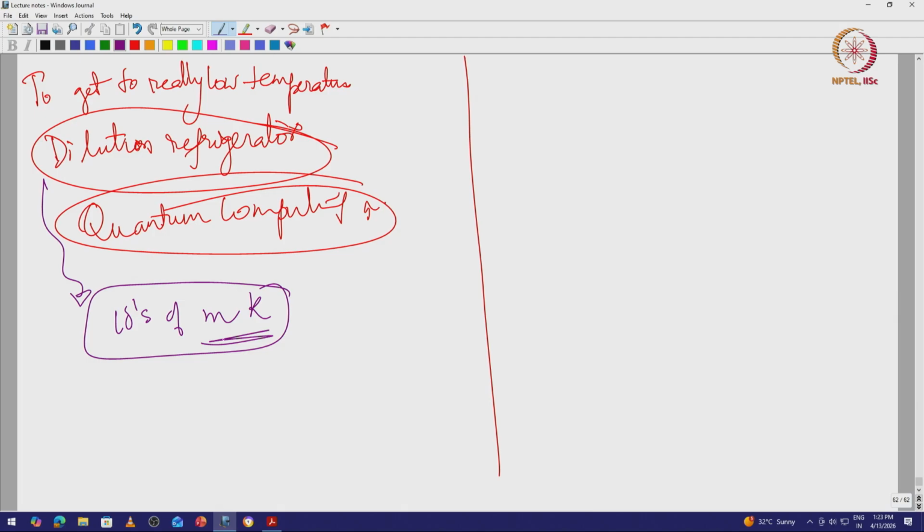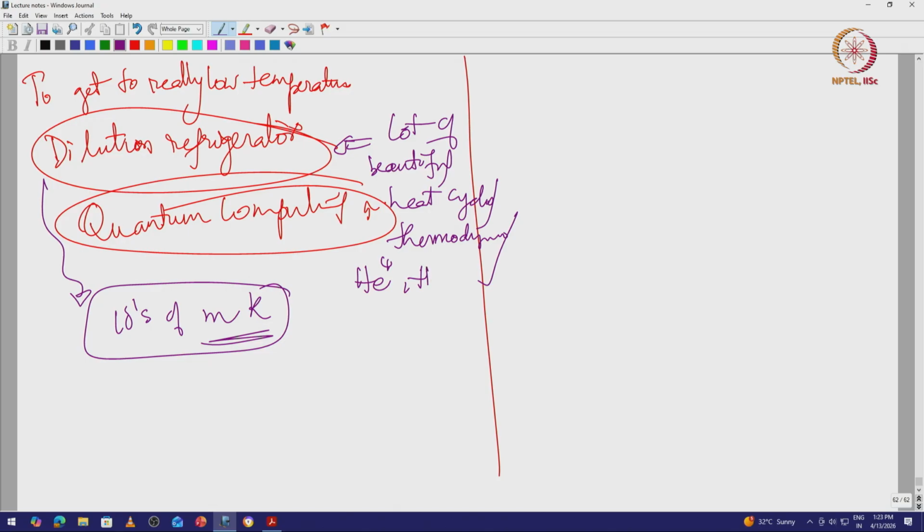So on a day to day basis, I have these dilution refrigerators. How they are constructed has a lot of beautiful thermodynamics in it: heat cycles, thermodynamics, then phase transitions between helium 4 and helium 3, which are isotopes of helium, latent heats.